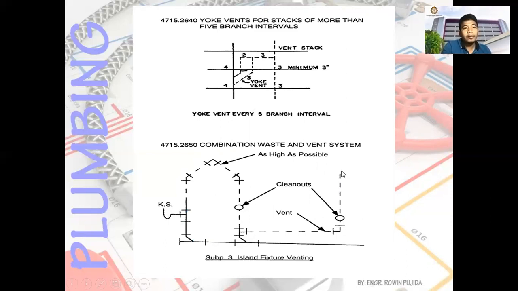So the wastewater coming from that fixture passes through this pipe, since this is introduced as your vent. So maybe this is a combination of waste and vent pipe. Consider that as a vent and also a waste pipe. Okay, so that is the combination of waste and vent system.